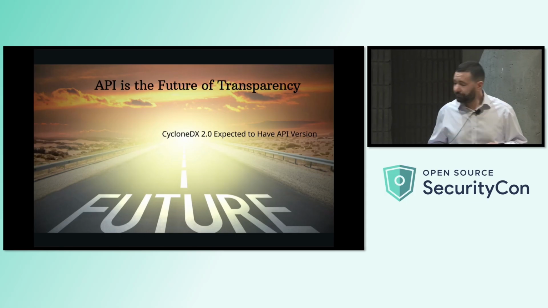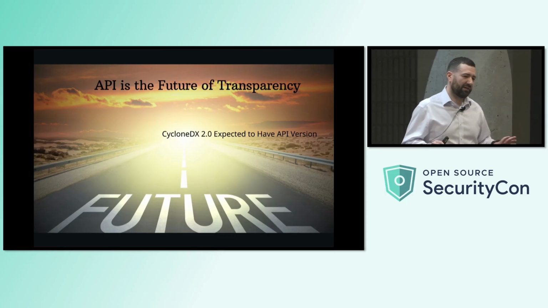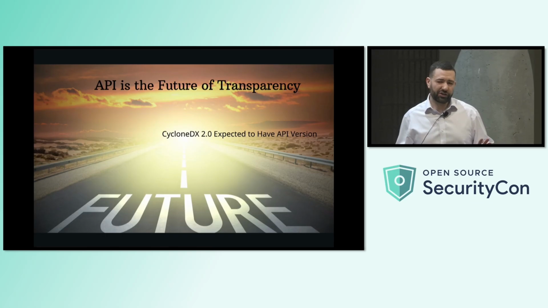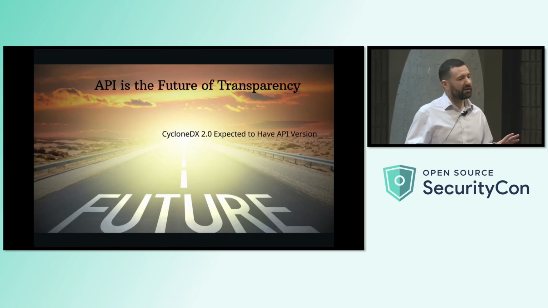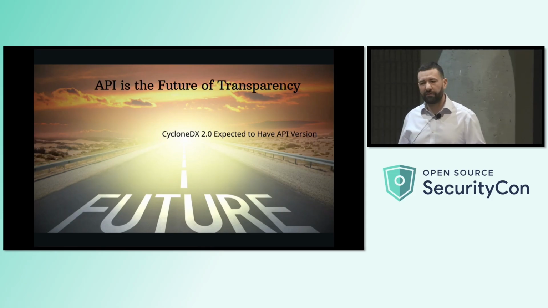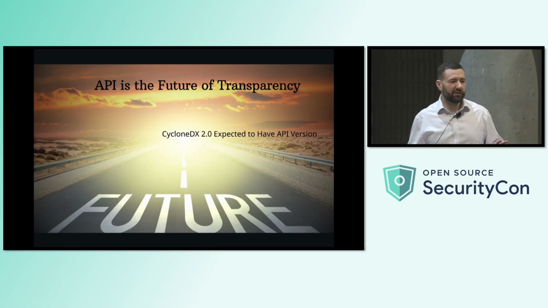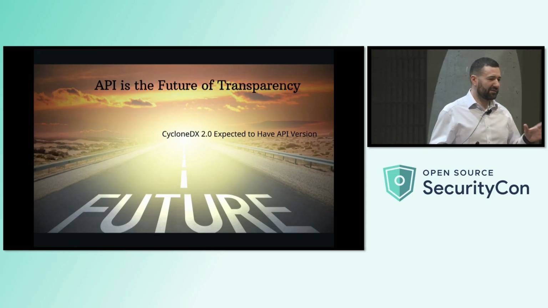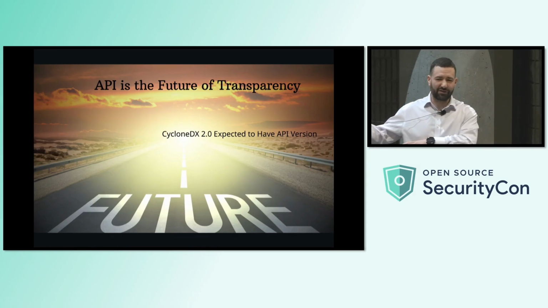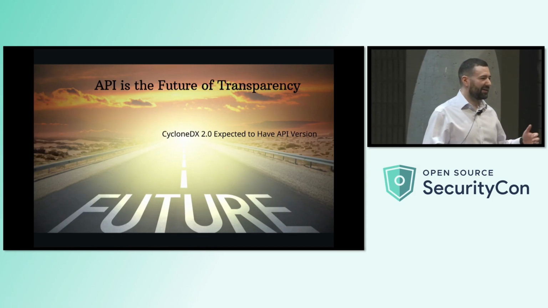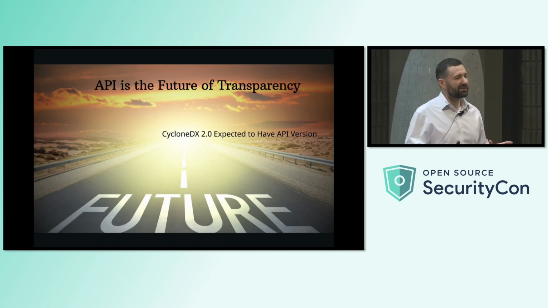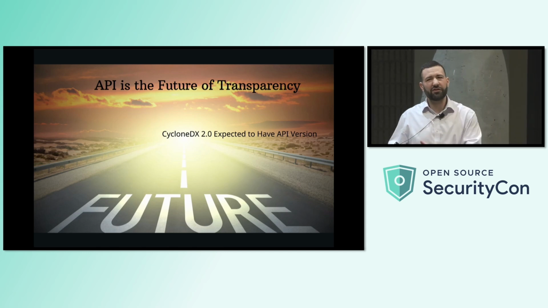So this is the forward vision: supply chain security becomes very much API driven. There was a CycloneDX 2.0 announcement. I mean, a future announcement. CycloneDX 1.7 was released, and 2.0 was announced with what features will be included.